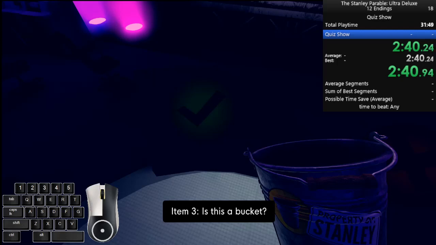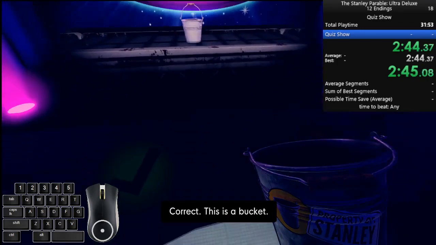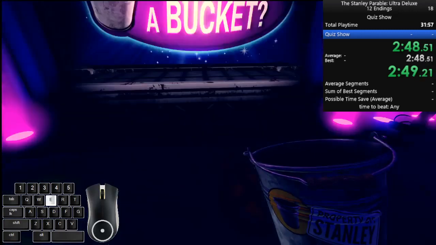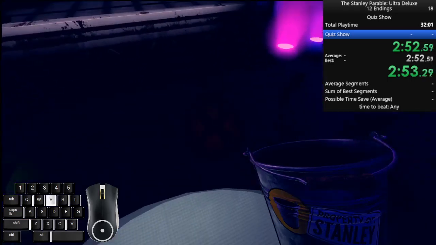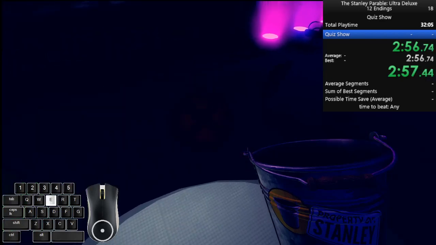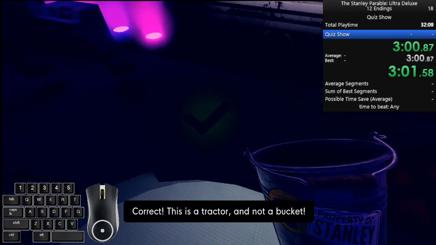Item 3. Is this a bucket? Correct. This is a bucket. Item 4. Is this a bucket? Correct. This is a tractor and not a bucket.